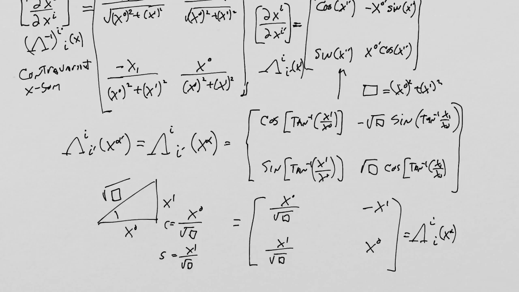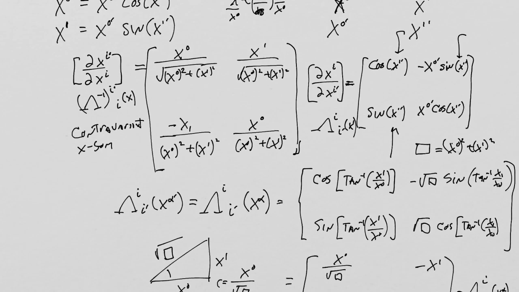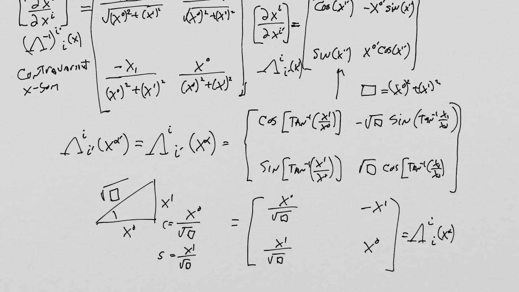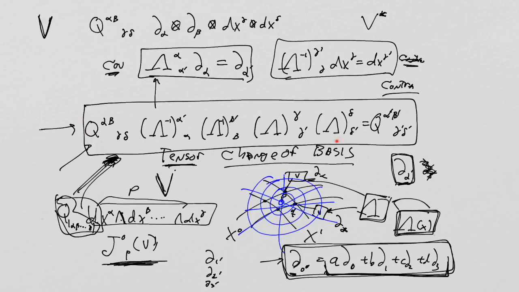Okay. So good. Now we've got a lot of stuff. We've got our contravariant matrix expressed in the unprimed system, and we've got our covariant transformation matrix expressed in the unprimed system. So with that, we can now transform from the unprimed to the primed system, meaning we can execute this process.